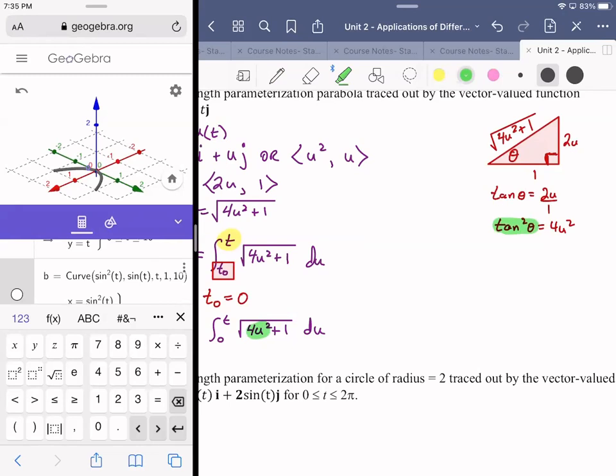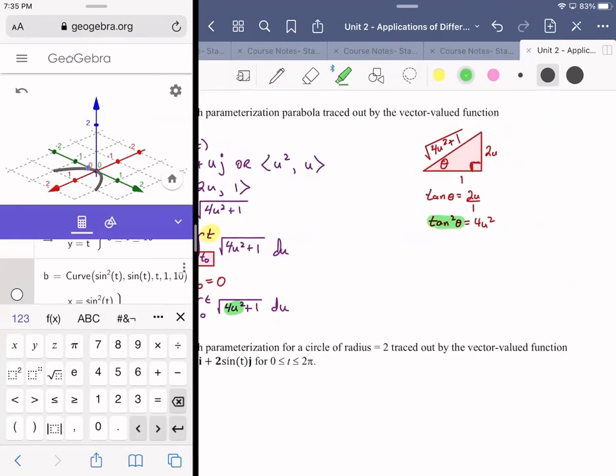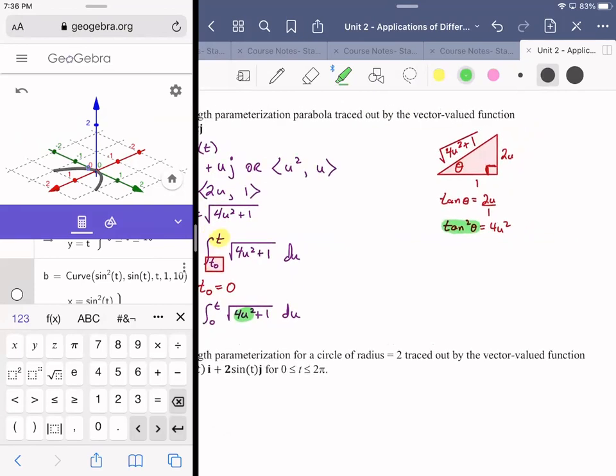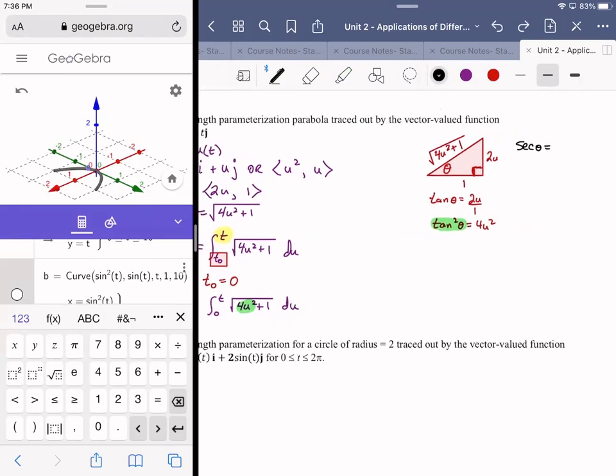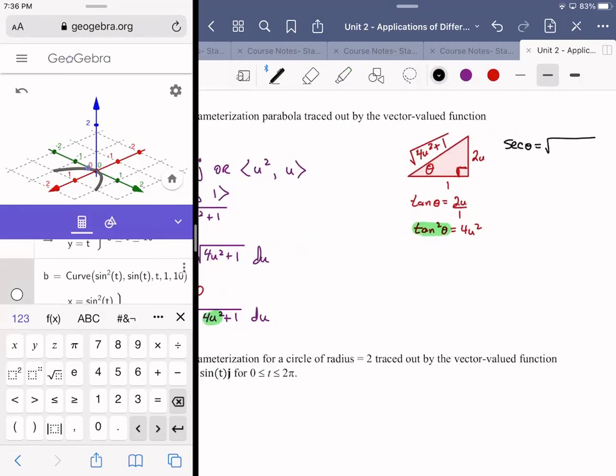The problem is I have a du that I haven't accounted for yet, so I have to sort of create that. Right. So we could do this substitution if we want. Another substitution that you could actually do would be relating, you know, it's all right triangle trig. You could say secant of theta is equal to the entire square root of u squared plus 1 over 1.